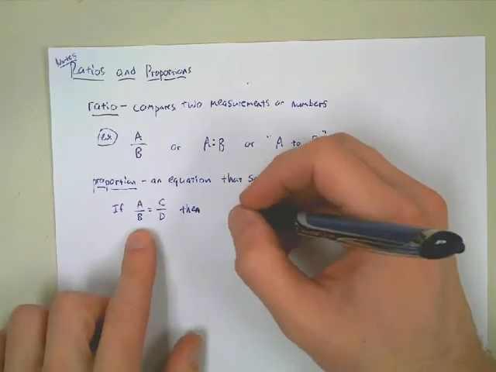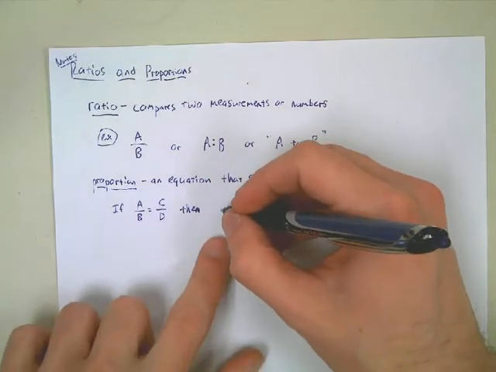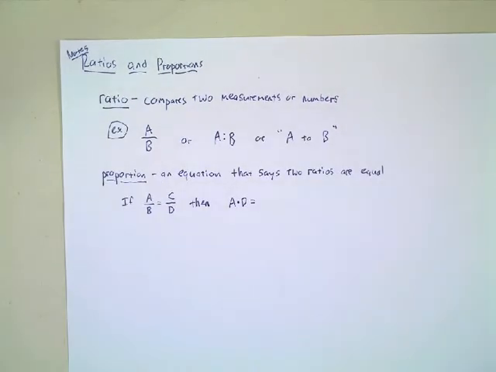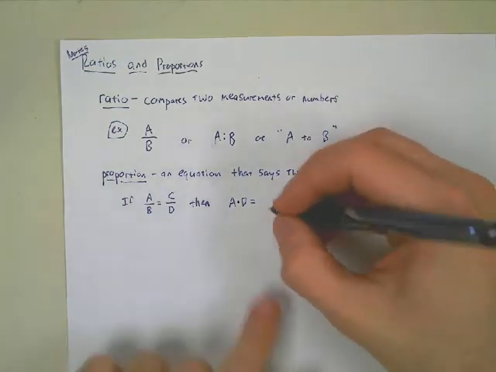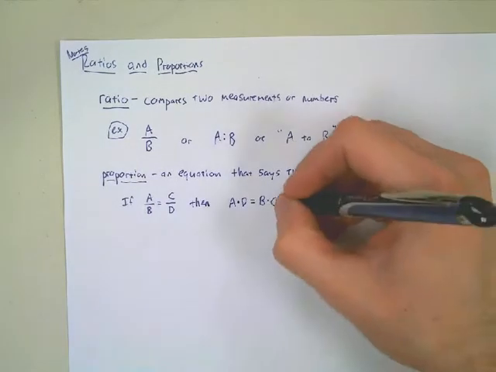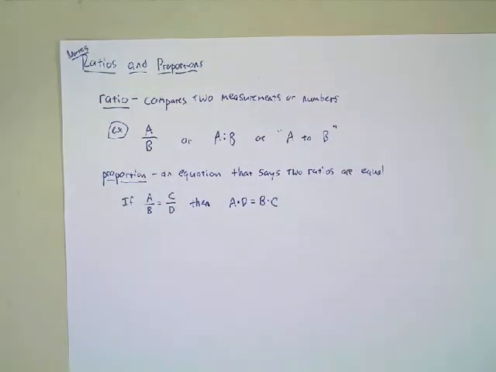Then, what do we know is true? We can cross multiply here. So we can say that A times D will equal what times what? B times C or C times B, whatever you want to say there. Yeah, very good. Good job. Okay? And that's cross multiplication.